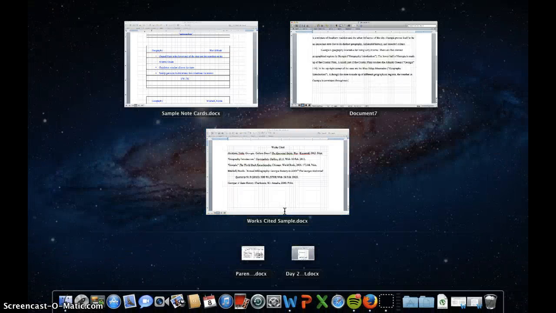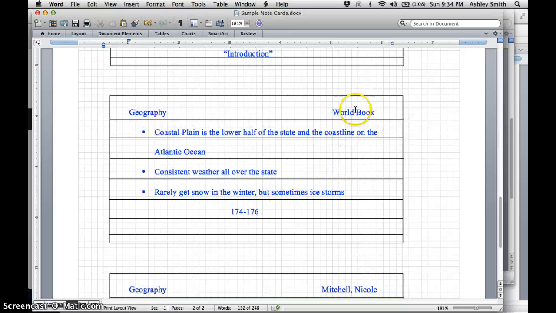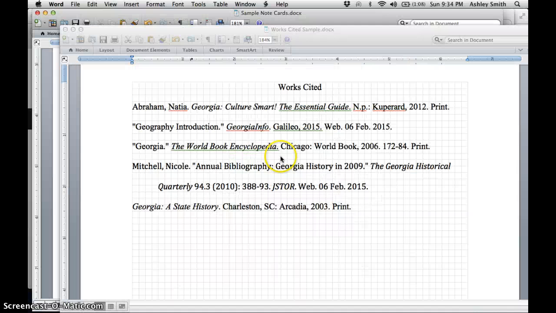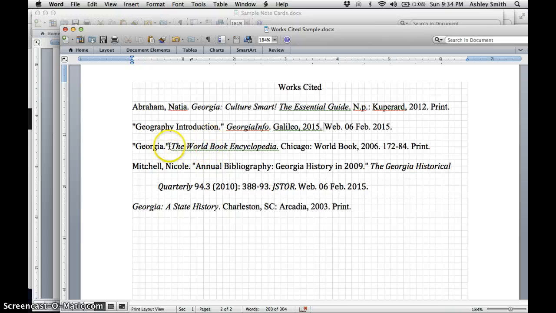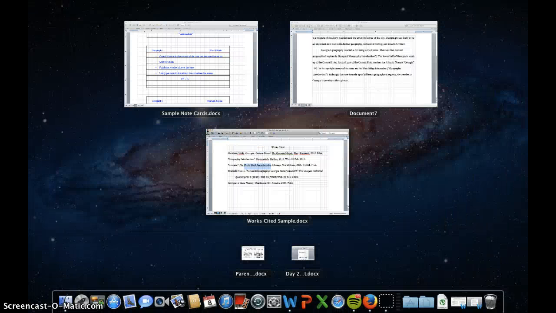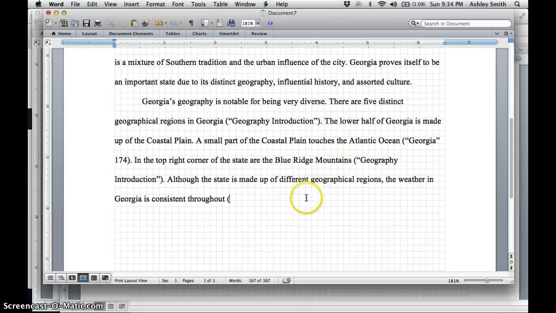So I got that information from my World Book, my encyclopedia source. So going back to my works cited again, I know that the World Book source, the title is Georgia. So I need to have the title of the article and the page number that that information came from. And we'll say that came from page 176.